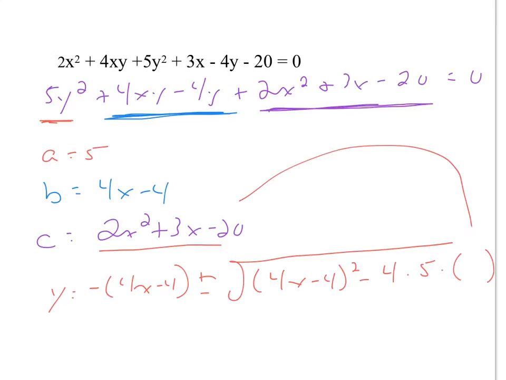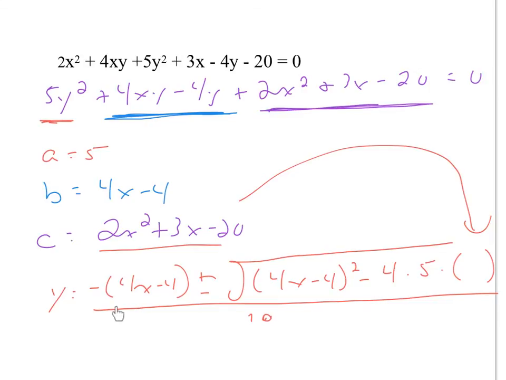It's going to go right there. Okay, we can simplify this as much as we want, and all this, of course, is over 2a, which is 10. So I don't know how much I would simplify this much more than what it is right here, okay?